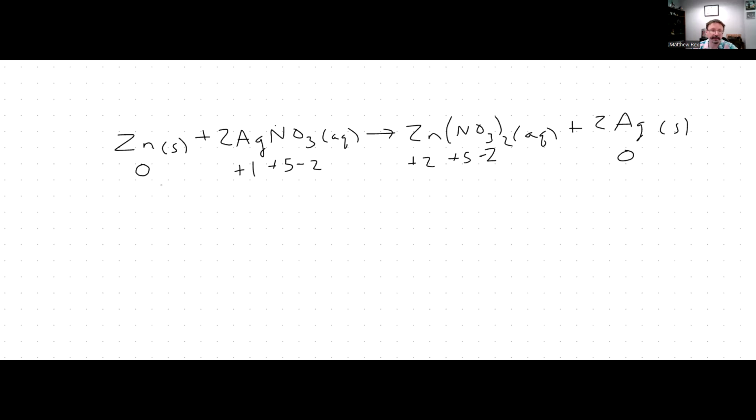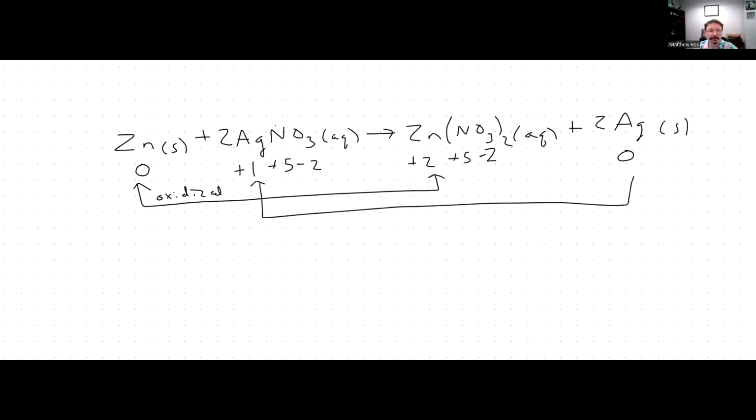So if I look at zinc, it was oxidized, and if I look at silver, it was reduced.